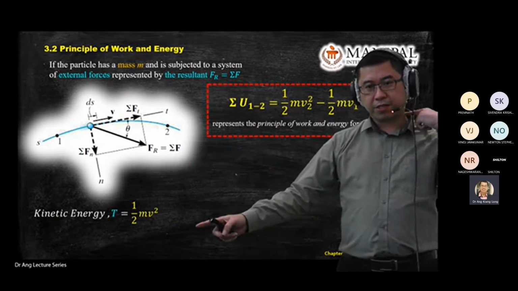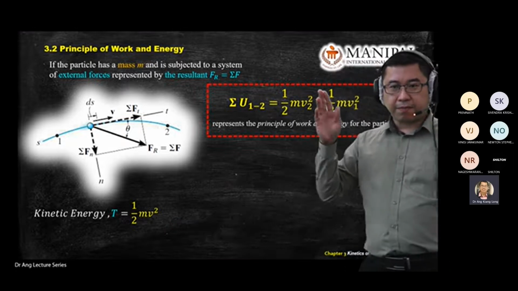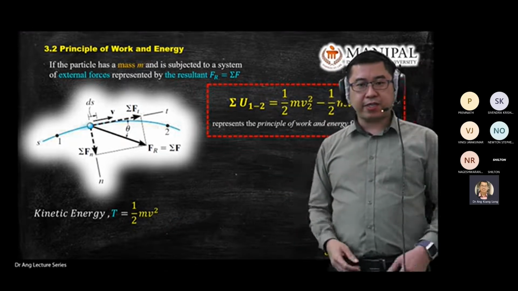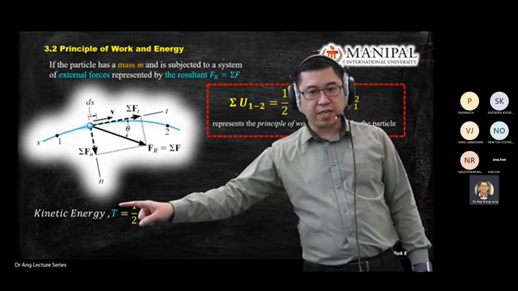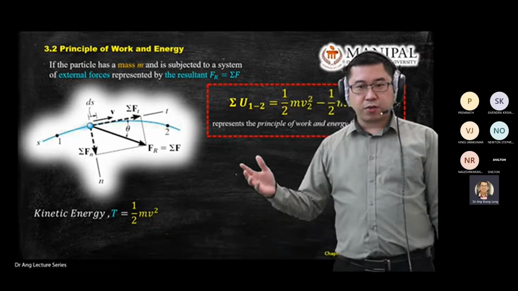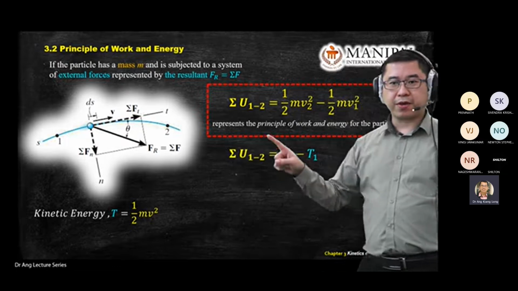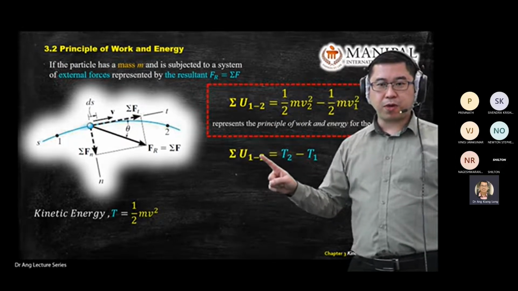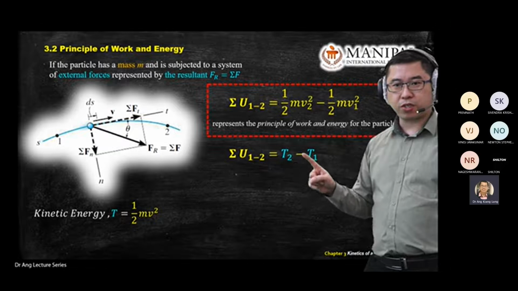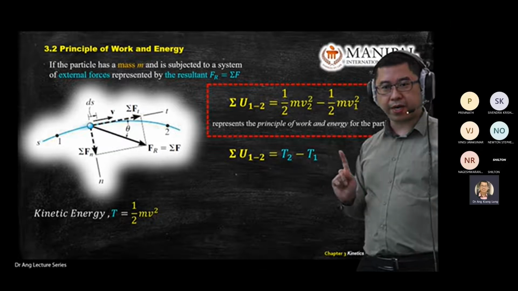So this is what I mentioned just now. 1 over 2 mv squared is a kinetic energy. For this module, we use capital T to represent kinetic energy. So in short form, you can write work from point 1 to point 2 equals T2 minus T1.